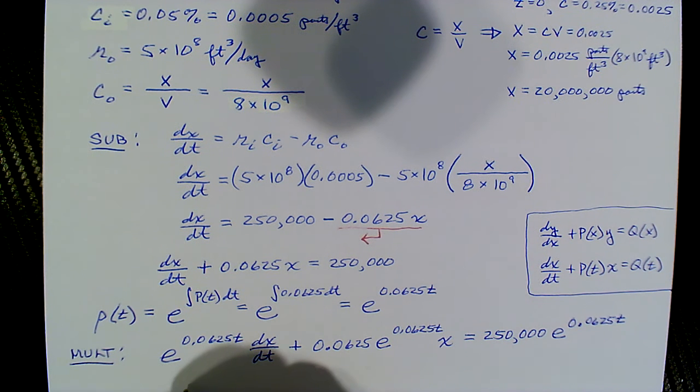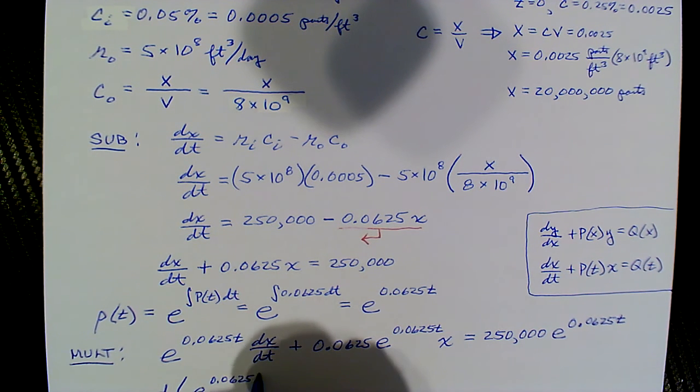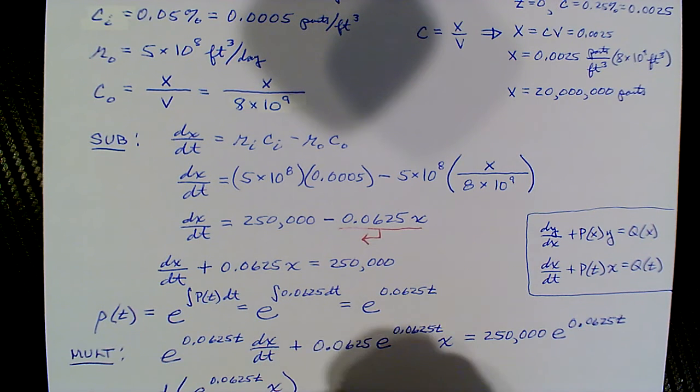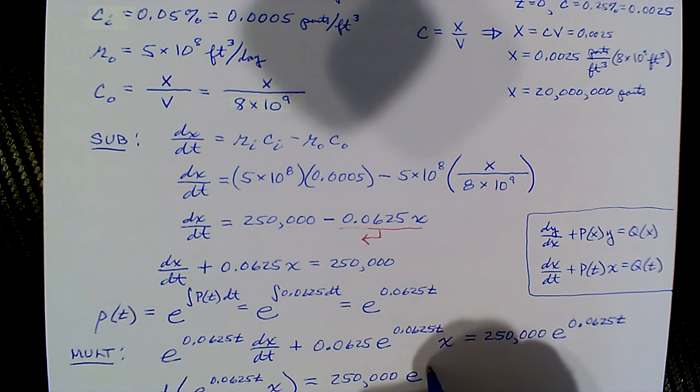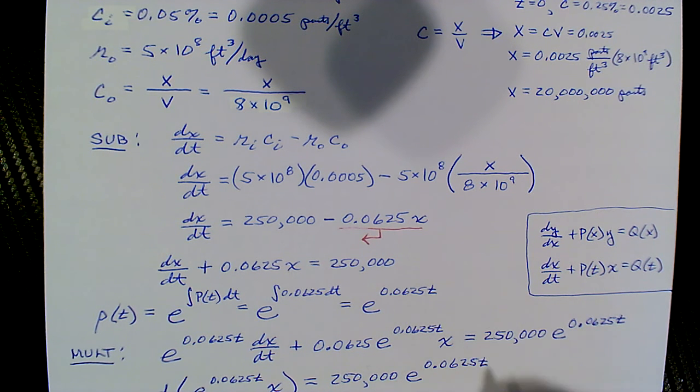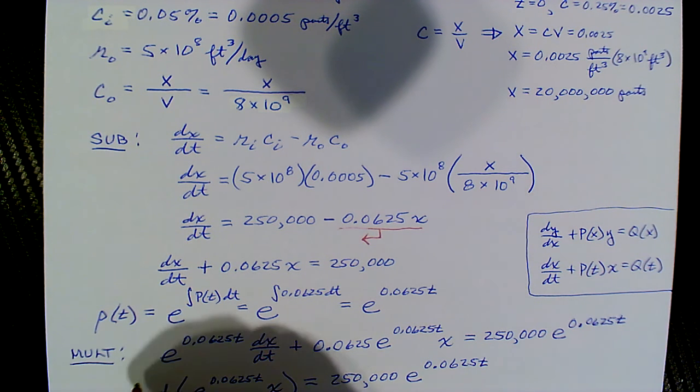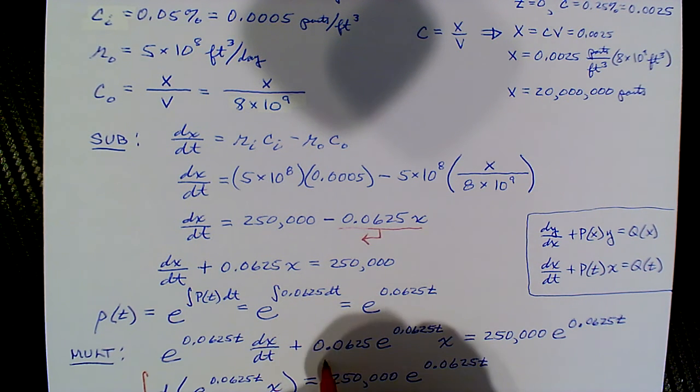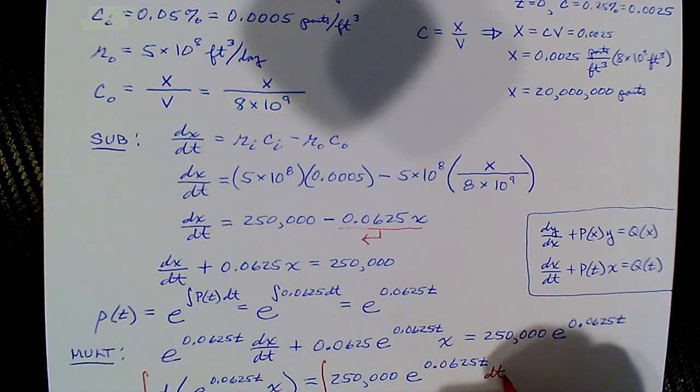Okay, so now the left-hand side is expressible as the derivative of the product of e to the 0.0625t and x, and that's equal to the 250,000 times e to the 0.0625t. So now we're going to integrate both sides. I'm just going to throw the integral symbol in front of each side and add the differential dt to the right.